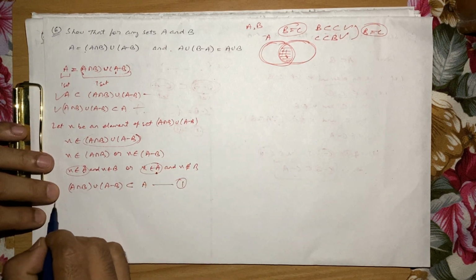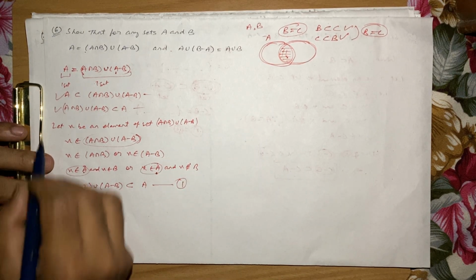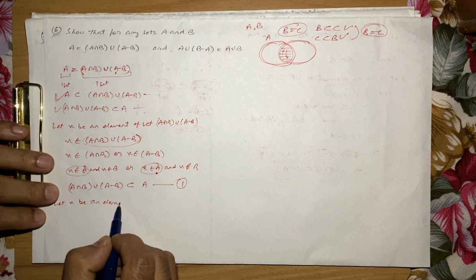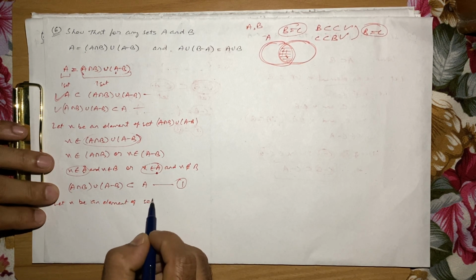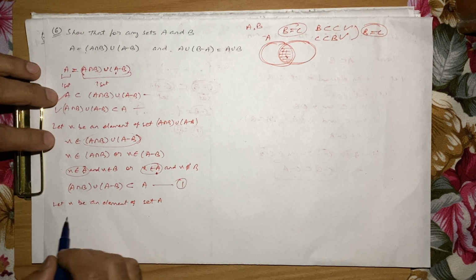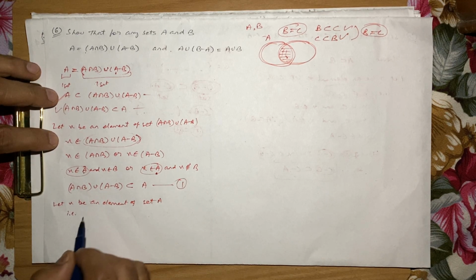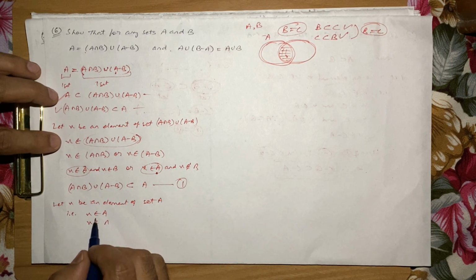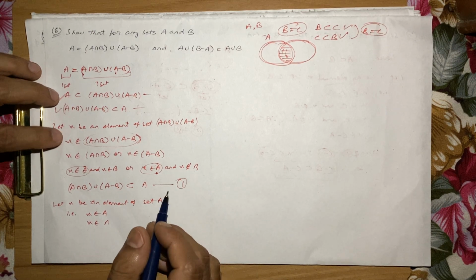Let's say, let X be an element of set A. Then what can I say? That is, X belongs to A, right? So if X belongs to A, let's prove it in this way. If X belongs to A, what can I say about the set B?